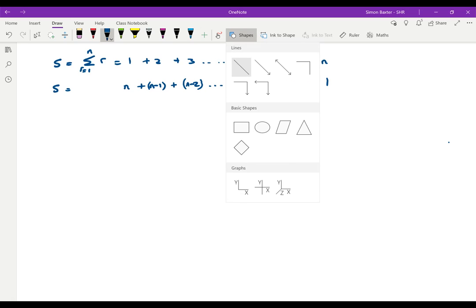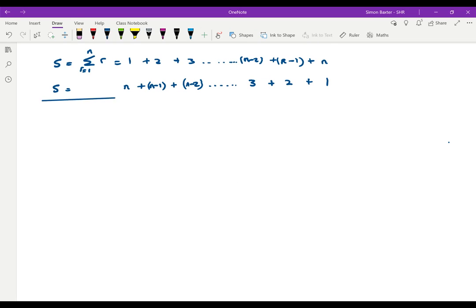If I add these up, I will get that S plus S is 2S, twice what I'm looking for. If I take the first little pair, n plus 1 is n plus 1. n minus 1 plus 2 is also n plus 1. n minus 2 plus 3 is n plus 1. And all the numbers, when you add them together, will give you n plus 1.